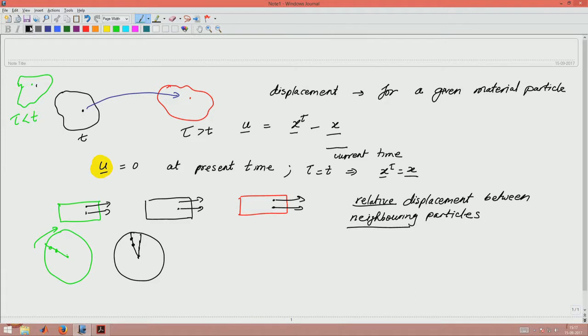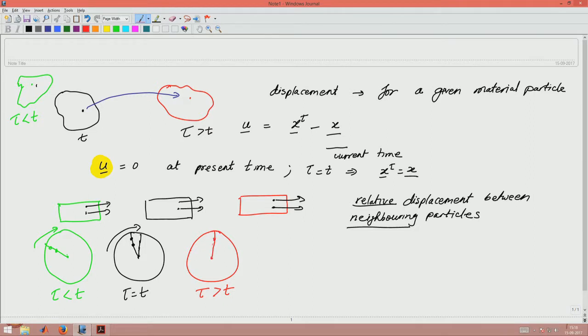And since this disc is rotating to the right, again at some time in the future, so tau greater than t, where t is the present time, tau equal to t is the present, and what we had written earlier was tau less than t.